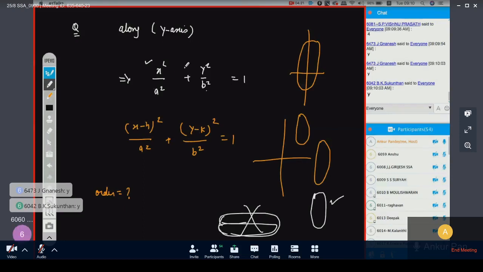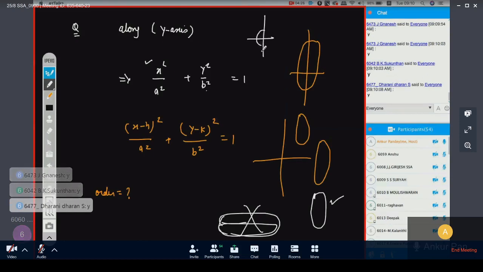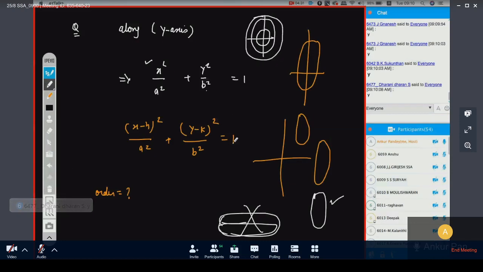But there is a problem. This is only regarding the ellipse which is having the center as 0. We'll miss out the other ellipses because it is not saying that the center is at 0 comma 0.